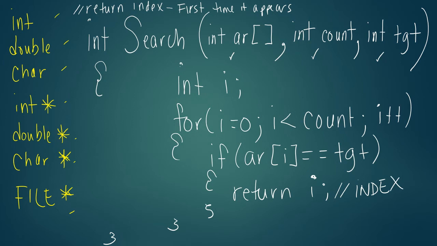So now let's go through, and I will do this again on the next slide with an actual array. All right, so we're going to search an array and pass it to a function. So this is my array.